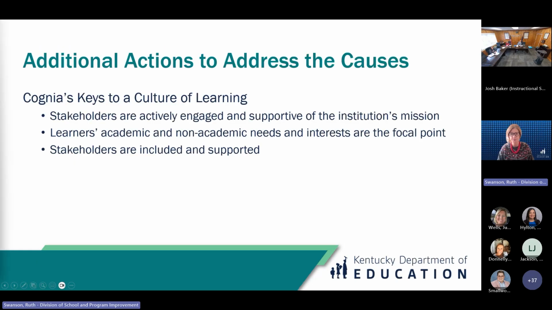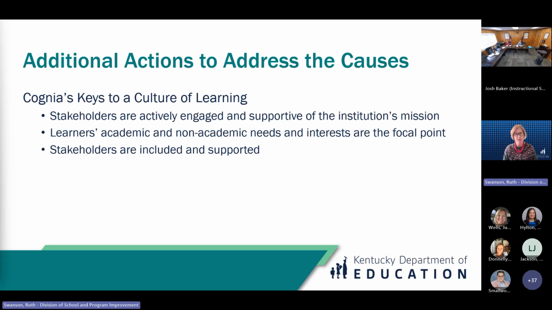Again, Cognia has a section in their standards that addresses the culture of learning. They see keys to creating a culture of learning is that stakeholders are actively engaged and supportive of the institution's mission, learners' academic and non-academic needs and interests are the focal point, and that stakeholders are included and supported.